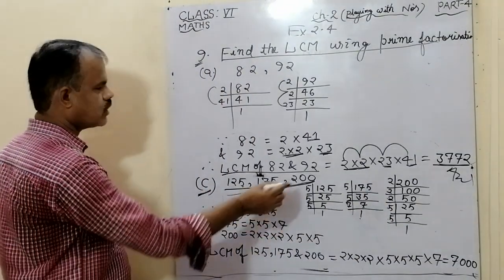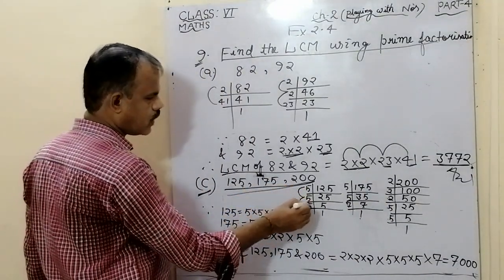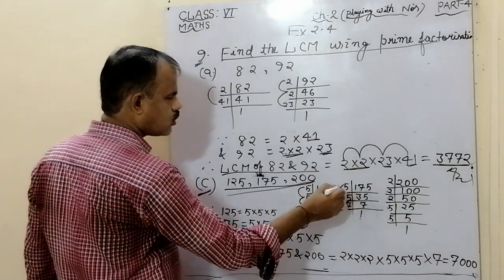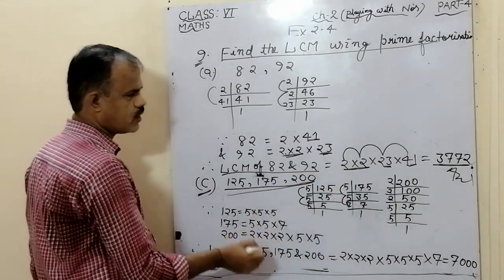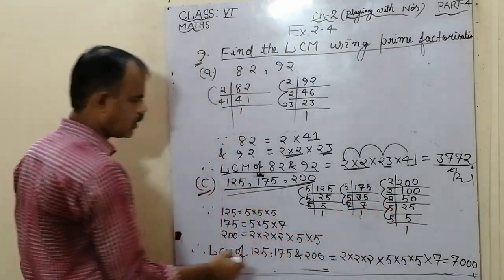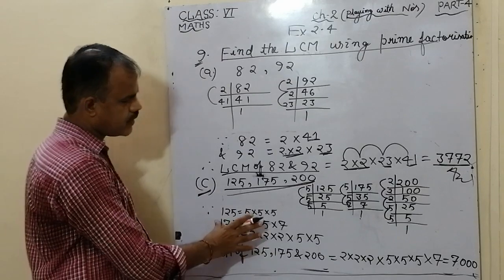So we write 125 equal to 5 into 5 into 5, 175 equal to 5 into 5 into 7, and 200 equal to 2 into 2 into 2 into 5 into 5.